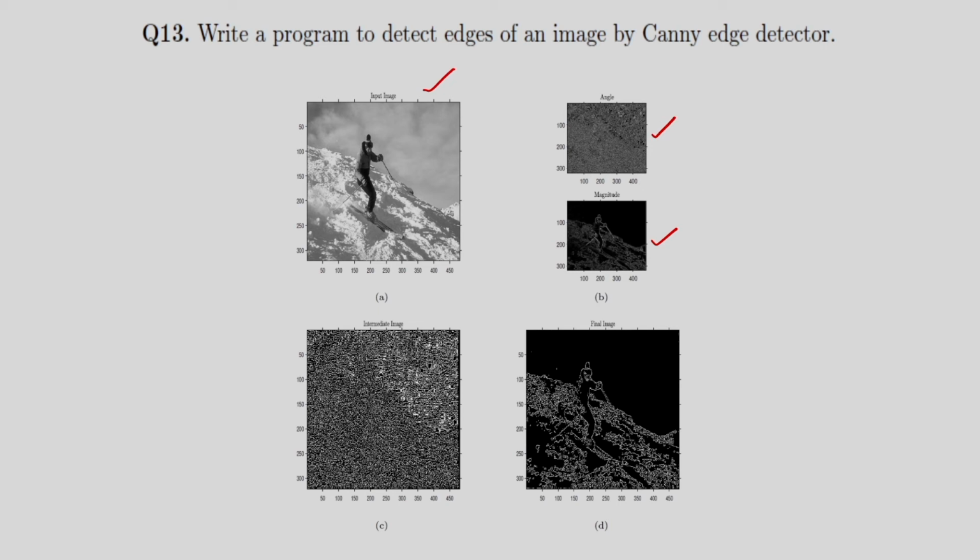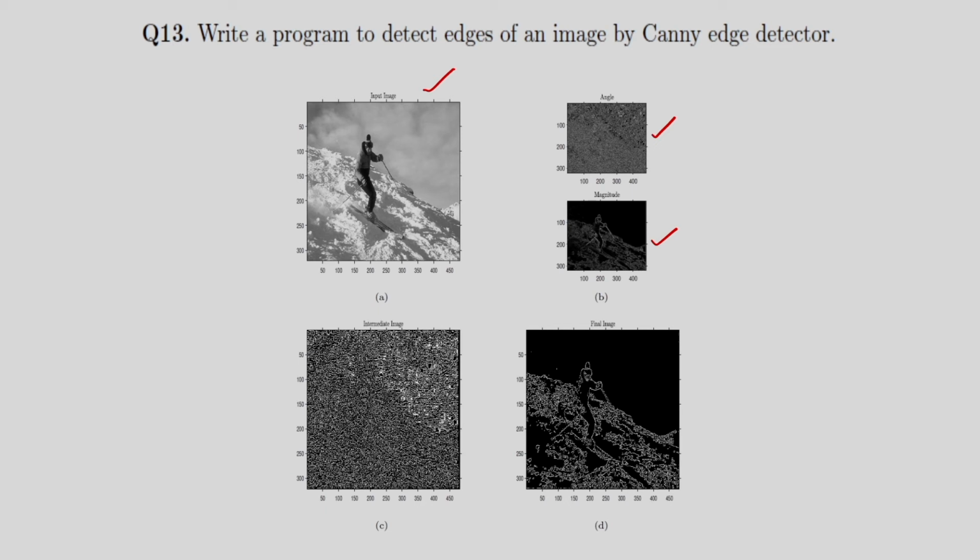So first step is to convolve the image with Gaussian. The second step is I have to determine the gradient magnitude and the direction. So you can see I am determining the gradient magnitude and I can determine the angle. After this the next important step is the non-maxima suppression. So that concept already I have explained, and after non-maximum suppression you have to apply the concept of the thresholding with hysteresis.